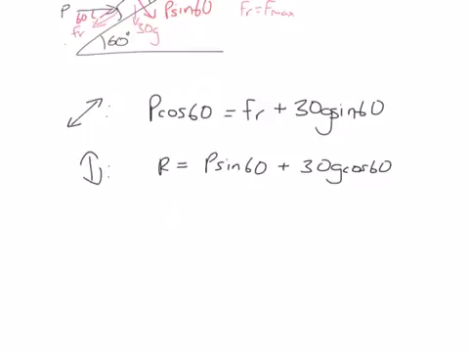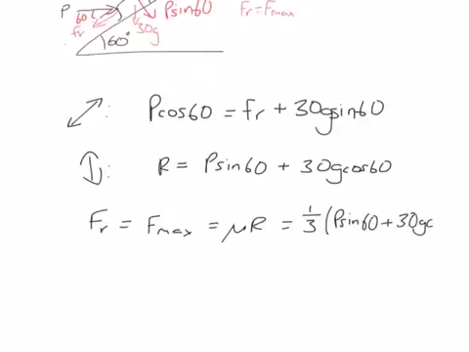So what we want to do then is say that because friction is equal to F max, which is equal to mu R, which is then equal to a third of P sine 60 plus 30g cosine 60, we can take this and substitute that into this equation here.